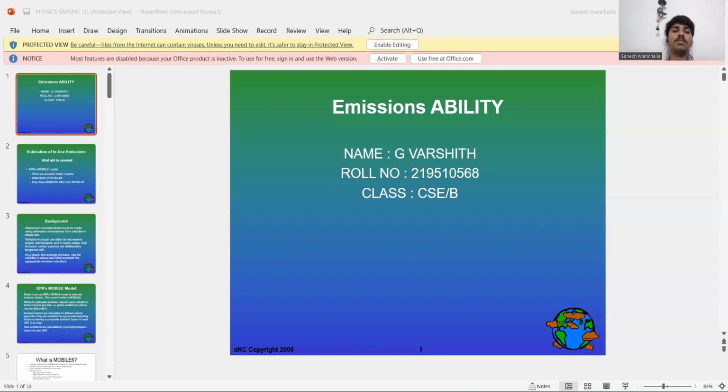Emission factor assumptions. The emission factors in the MOBILE model are based upon assumptions about how different factors affect vehicle emissions. Emission factors take into consideration the following: vehicle emission control technology, that is, the emission standards that the vehicles are designed to comply with.